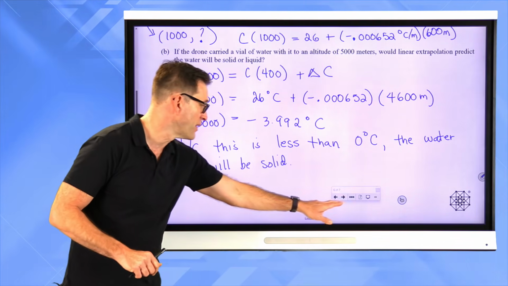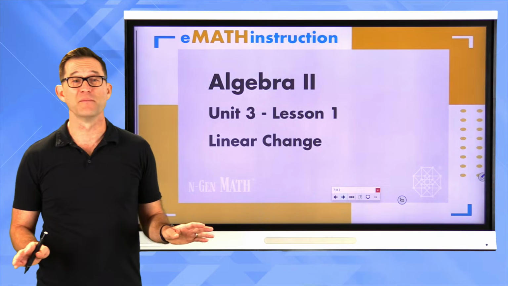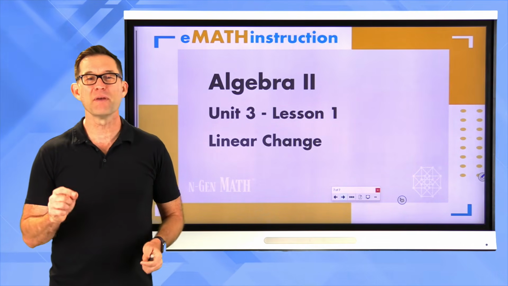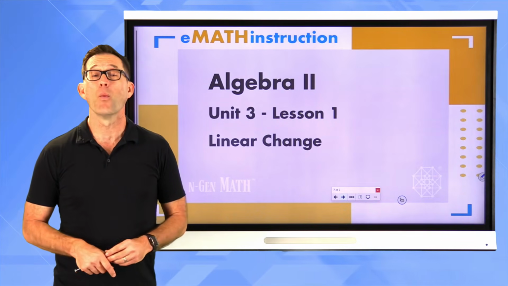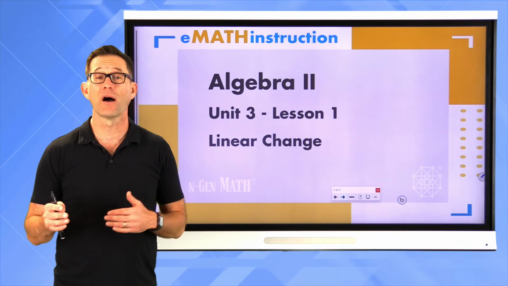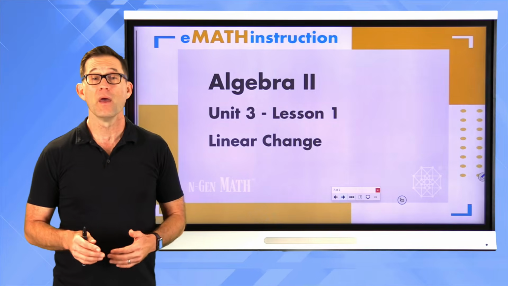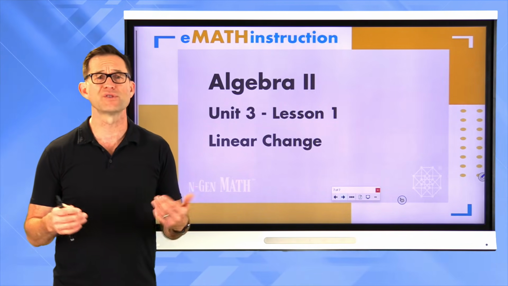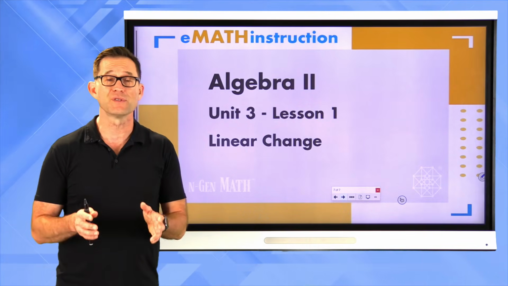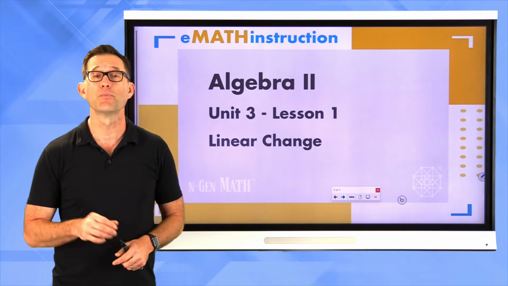All right, let's summarize. There are a lot of messy problems in that particular lesson, but the big point here is what is known as linear change. Linear change occurs when two variables change at a constant rate compared to one another. Now, when we know that, or we suspect it, or even when we assume it, we can then use that constant rate of change to do prediction.